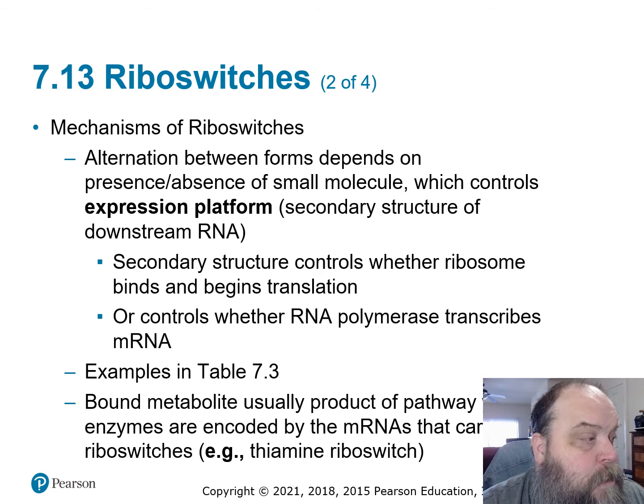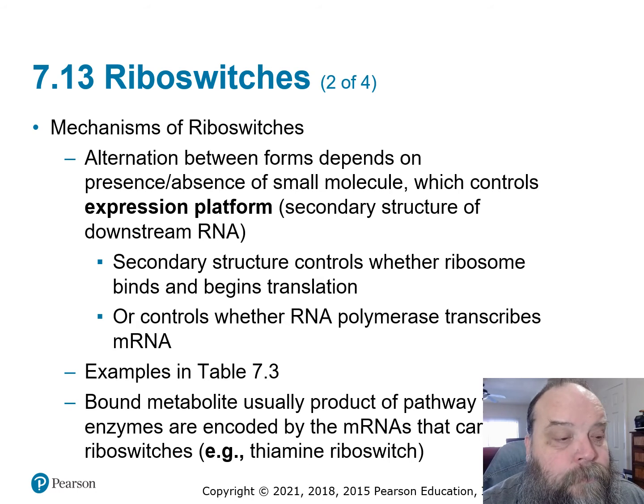So as I said, that expression platform, that's where everything's going to collect. Small subunit initiation, any initiation factors that may be there, any proteins that are going to help regulate, yes, no, can this translation event occur?